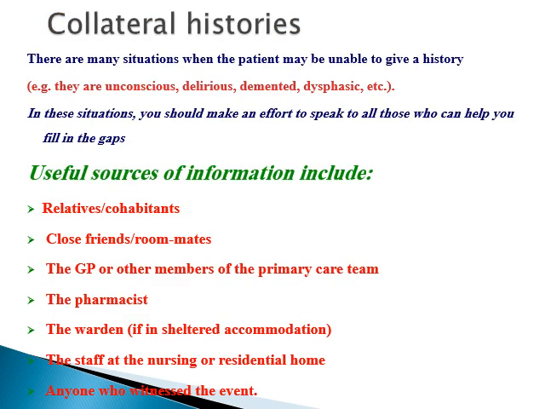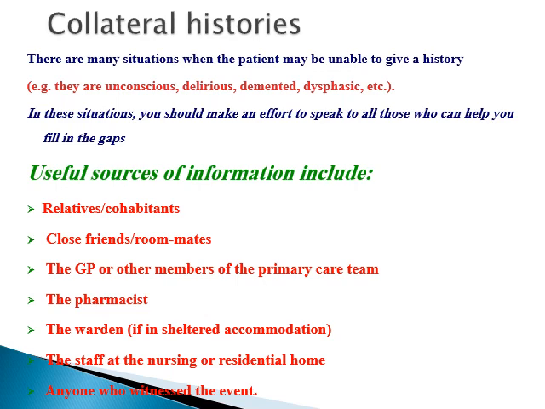Collateral histories. In many situations, the patient may be unconscious, have dysphagia, have delirium, or have Alzheimer's. I can't take the data from the patient, so I should ask collateral sources. If the patient comes with relatives, I should ask the relatives and close friends.